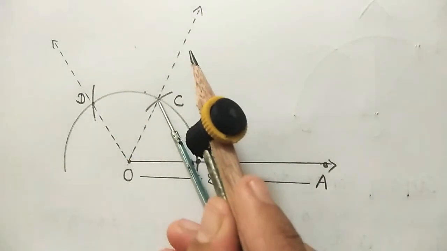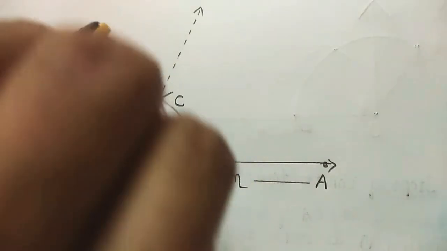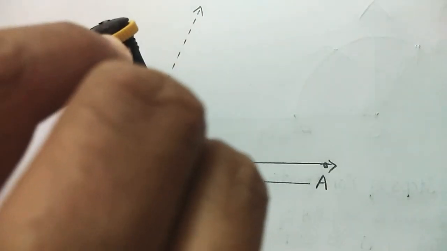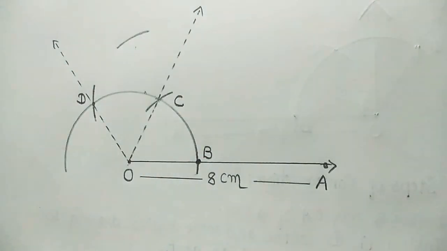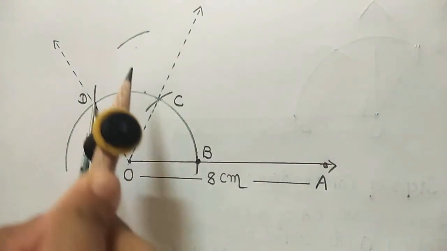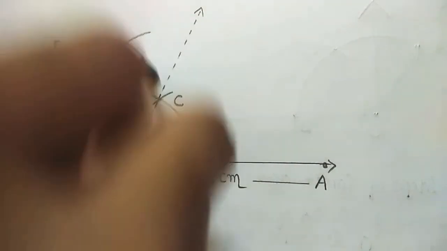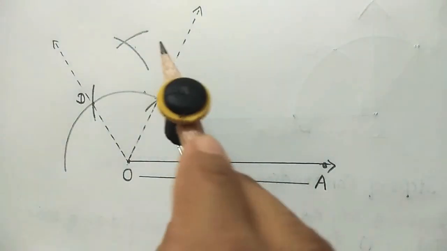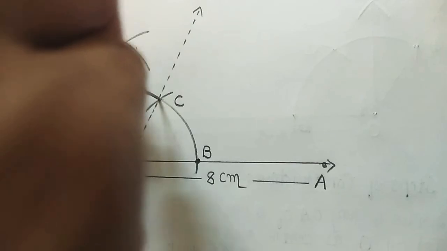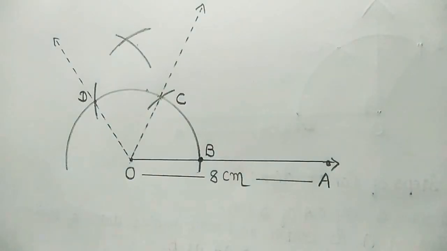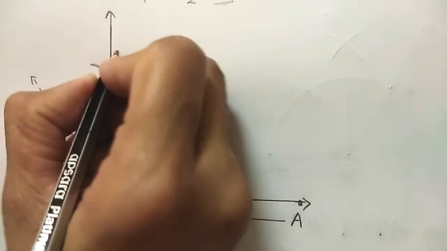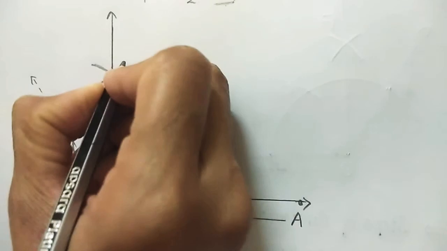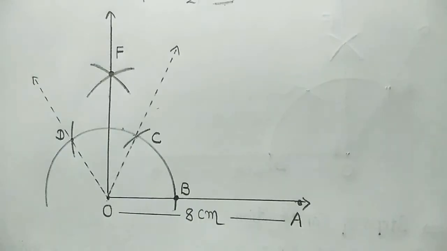So keeping C as a center, one arc in the middle. And then with the same radius, keeping D as a center, one arc. Make sure that both the arcs intersect each other, and then we'll join this to O. So this is our straight line, and here we will name it F.